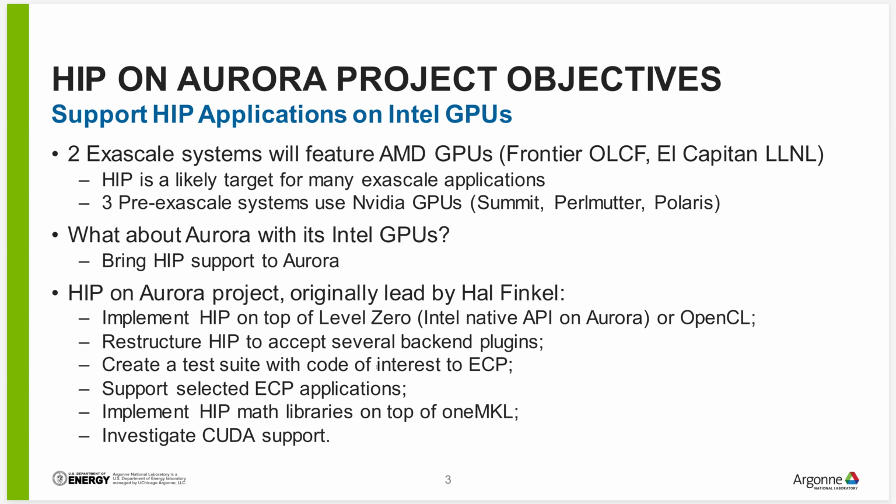Restructure HIP and the HIP ecosystem so we could integrate nicely into HIP, create test suites of code which are of interest to ECP, and then support selected ECP applications. Implement the math libraries we've been talking about previously on top of OpenCL, and also investigate if we can do CUDA support as well.